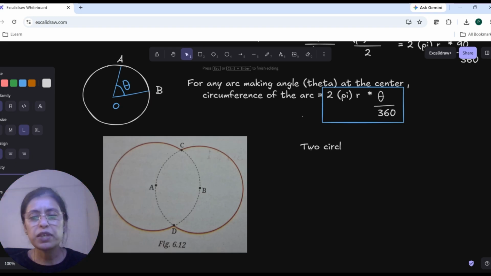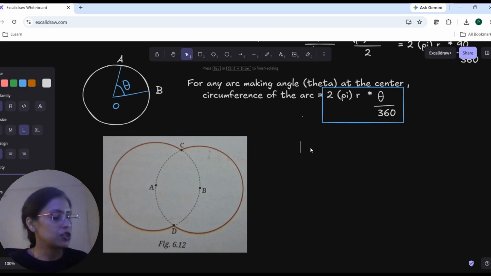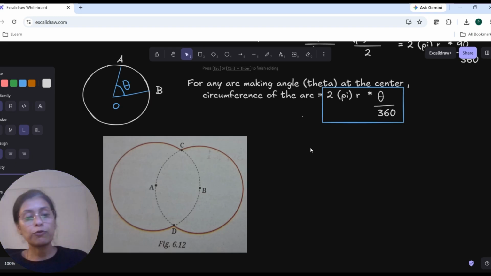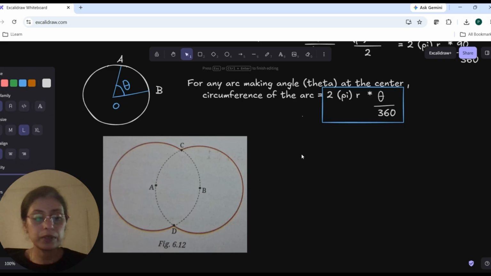So this must be example 1 under 6.5 in the book.